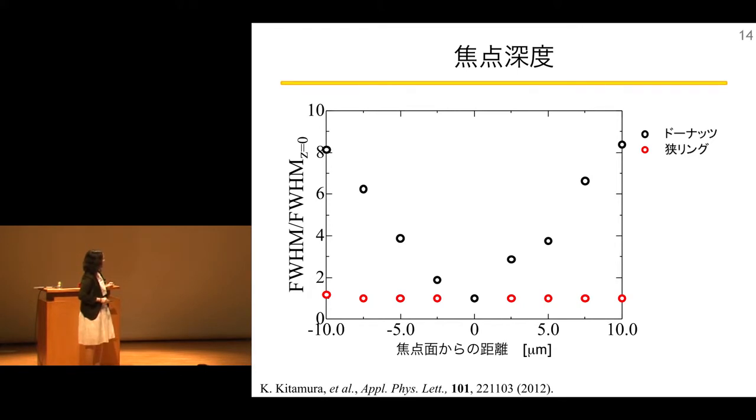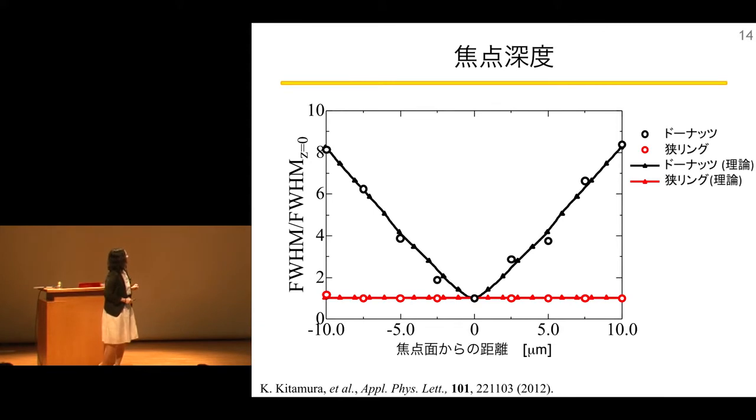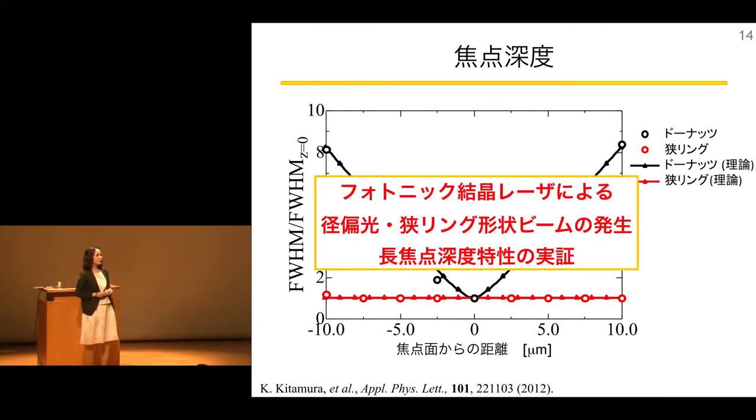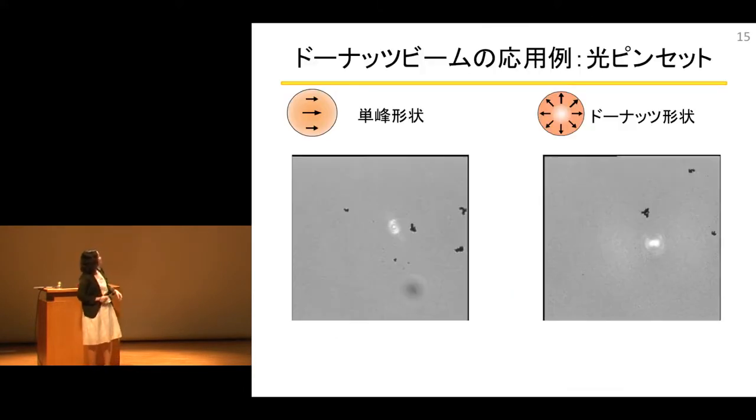The size of the focus is plotted here. This is the focus, and either way it goes 10 wavelengths. And it proved that it has a property of small focus with a long focus depth. As you can see, this has a very unique property in collecting light.